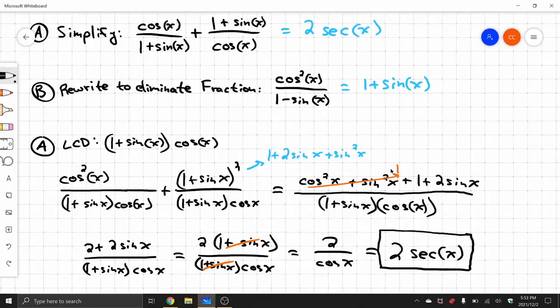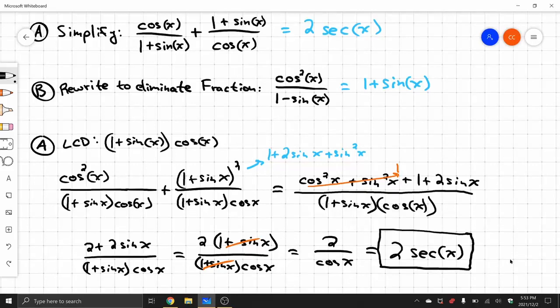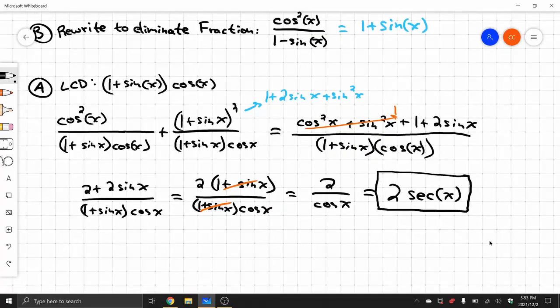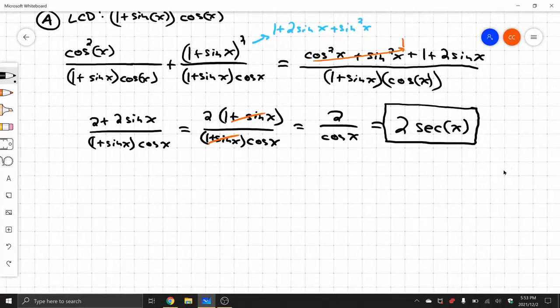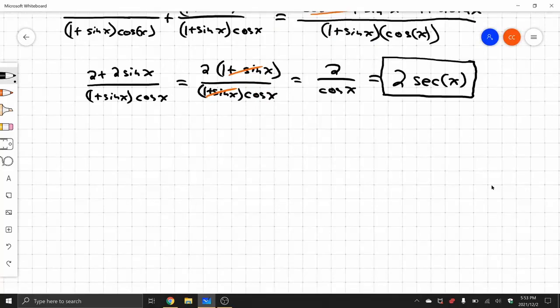Okay, so now let's take a look at rewriting to eliminate the fraction of cosine squared x over 1 minus sine of x. When we want to eliminate a fraction like this, first thing we're going to do, we're going to rely on our knowledge of conjugates, okay?